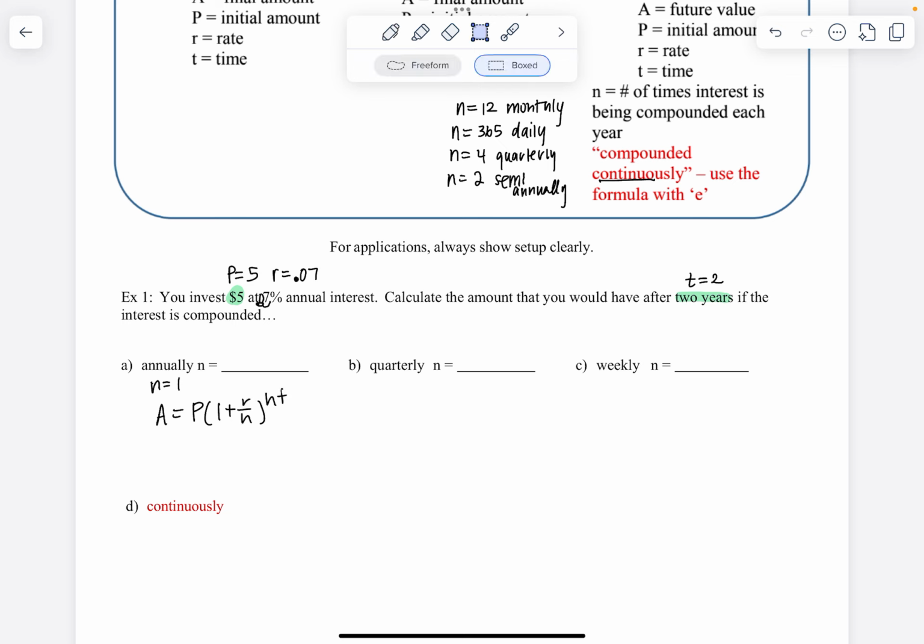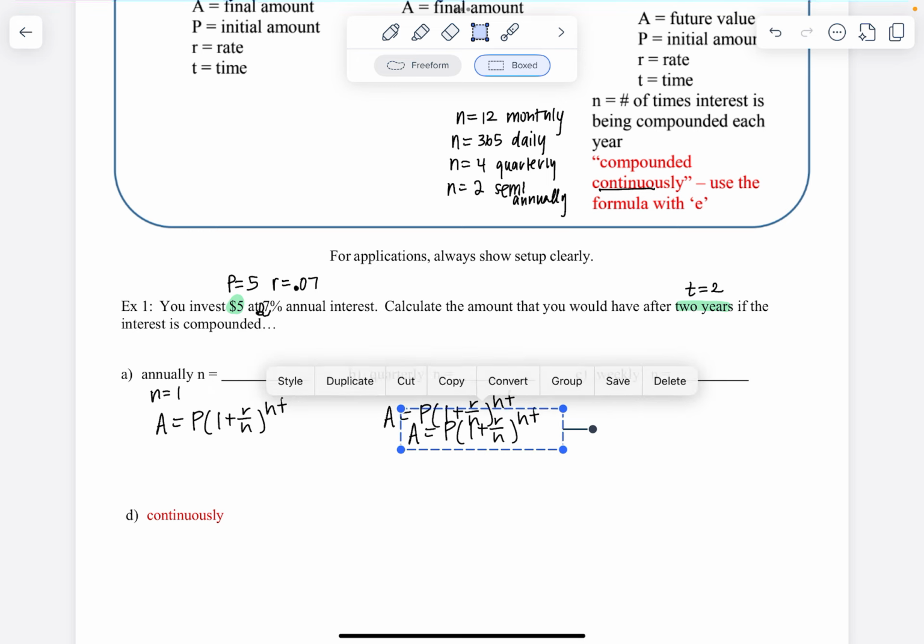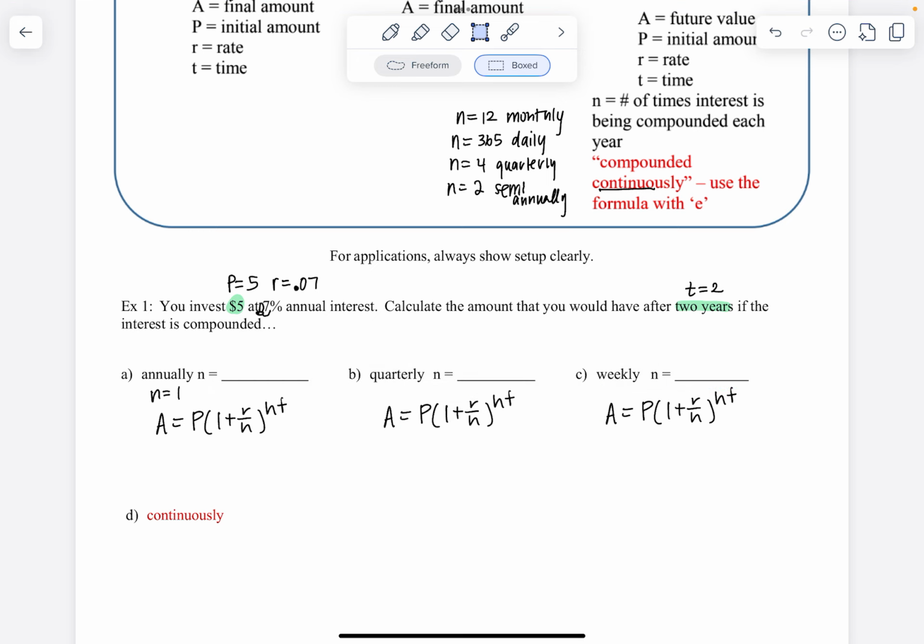And we're going to use this formula 3 times because of the word compounded, just with different N values. Okay, and so in the case of quarterly, we're going to use N equals 4.